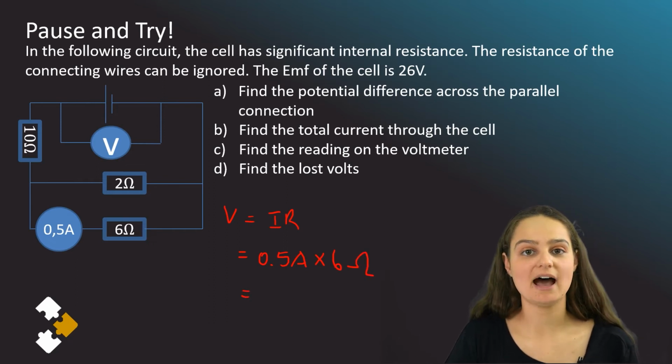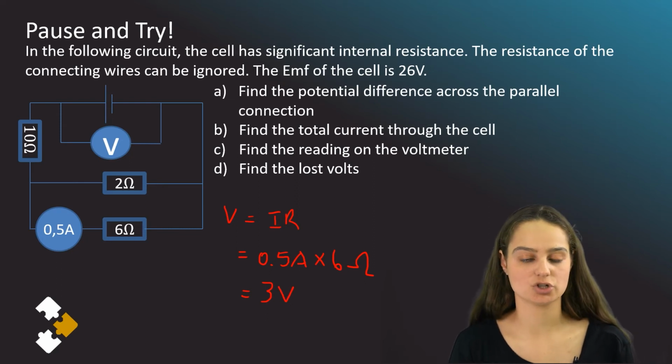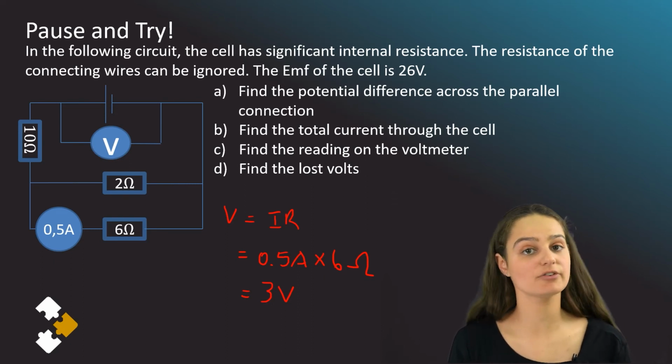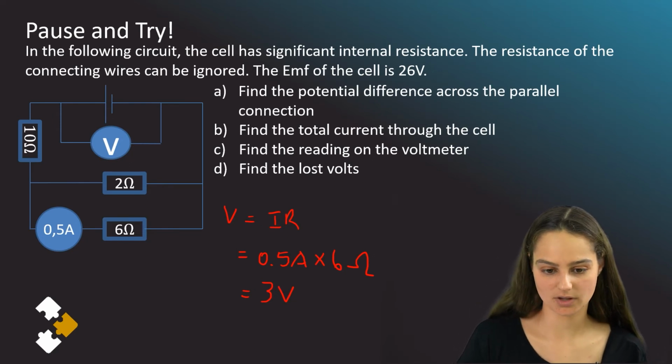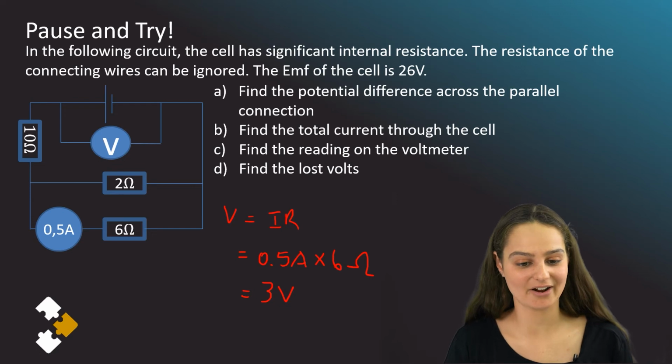So if we work this out, this comes to 3 volts. And this is the potential difference across that second branch, but because this is a parallel connection, we know that the voltage over the second branch is going to be equal to the voltage over the first branch. So then we've actually worked out our answer.